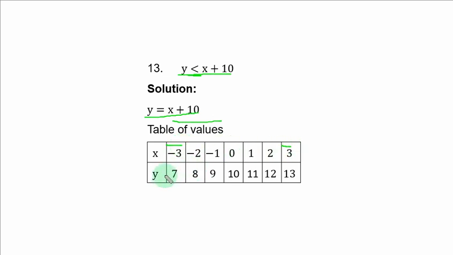You get y when x is minus 3. You come here, you replace x with minus 3, and y becomes minus 3 plus 10. That is 7. When x is minus 2, y is 8, and so on.